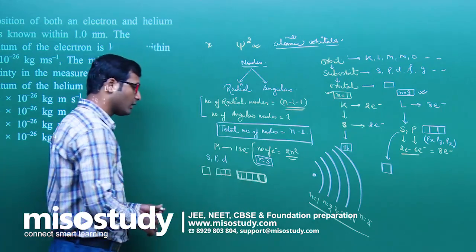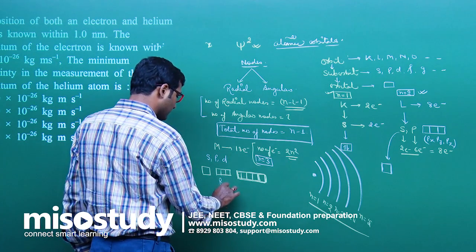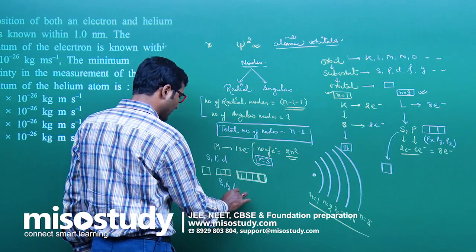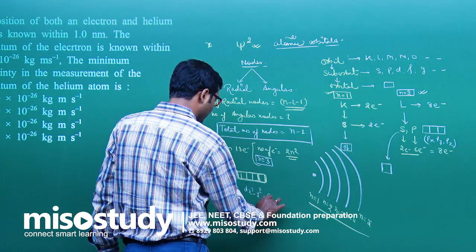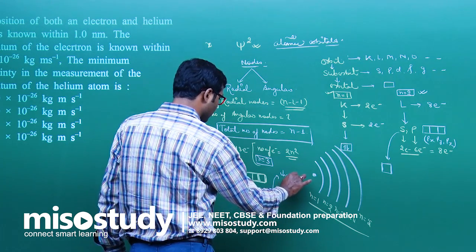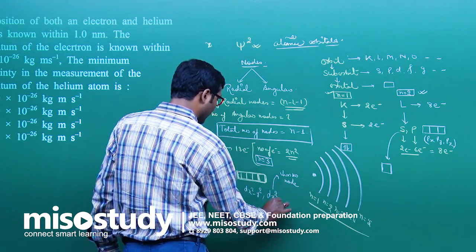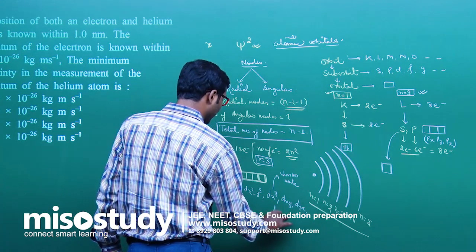Clear? Yes. One orbital contains only 2 electrons. It is Px, Py and Pz. It is dx square minus y square, dz square. Dz square has no node. Clear to you? Yes. Then dxy, dyz and dxz.